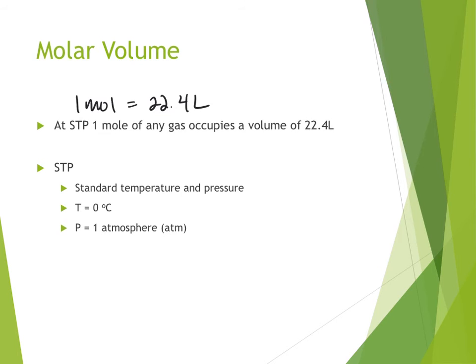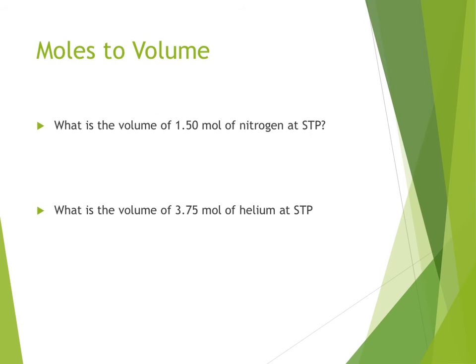STP is standard temperature and pressure. So it's a temperature, it's a pressure, because if you change either of those, the volume of your gas would change. So standard temperature is 0 degrees Celsius, standard pressure is 1 atmosphere. It doesn't change how you do the problems at all, but most of them will say at STP, just indicating that you can use that 22.4 conversion factor.